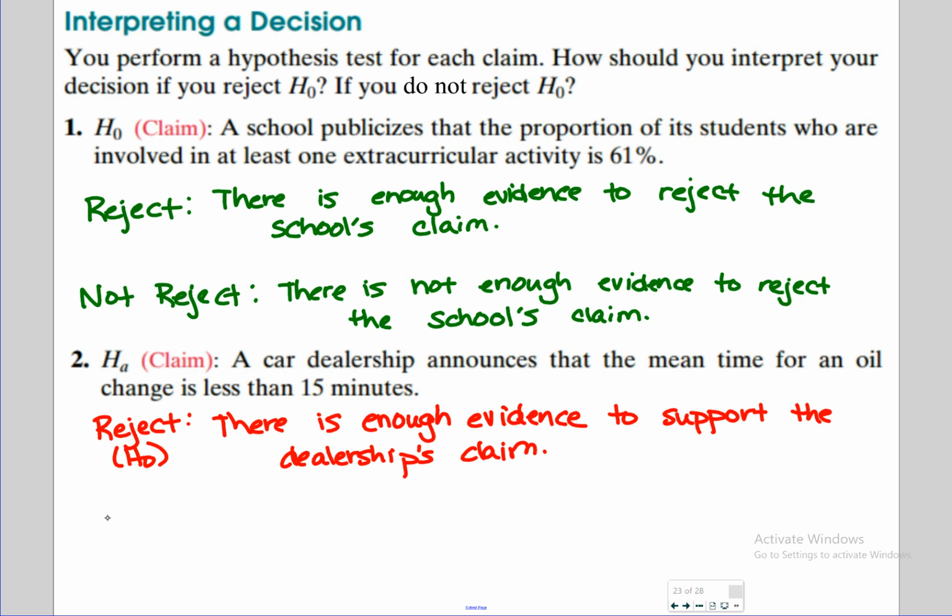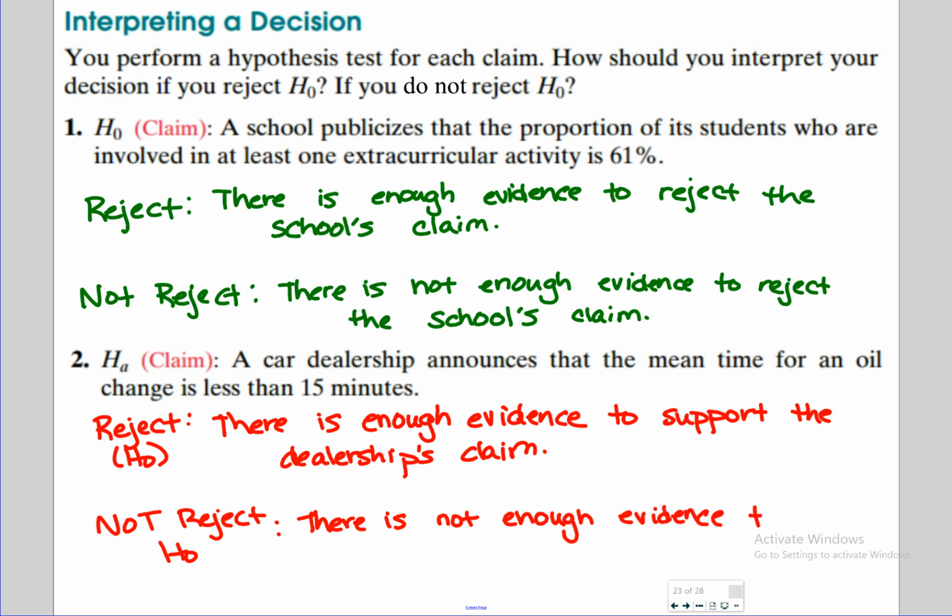And then if we choose to not reject the null, the opposite of this, we say there is not enough evidence to support the claim that the mean time for an oil change is less than 15 minutes.